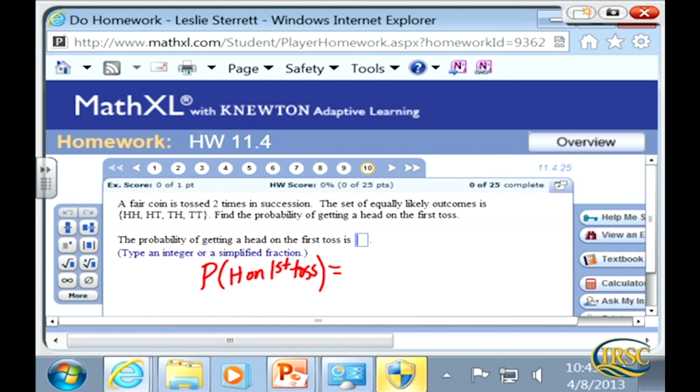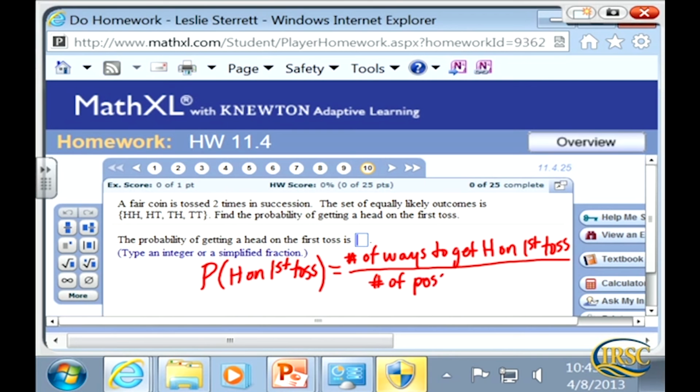Well, that means we're looking for the number of ways to get heads on the first toss over the number of possible outcomes. Okay, so I heard 2.